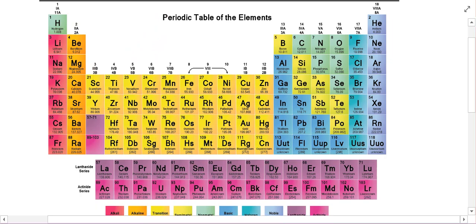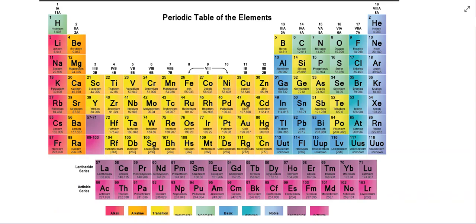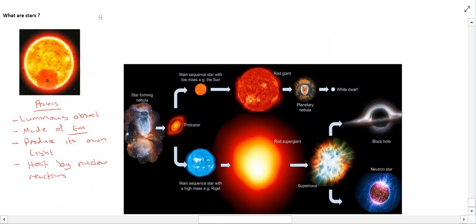So if we go back here, what we start off with then is hydrogen. A way to think about it is hydrogen is just made up of a proton, so its nucleus is just one proton. So we start off with a gas.